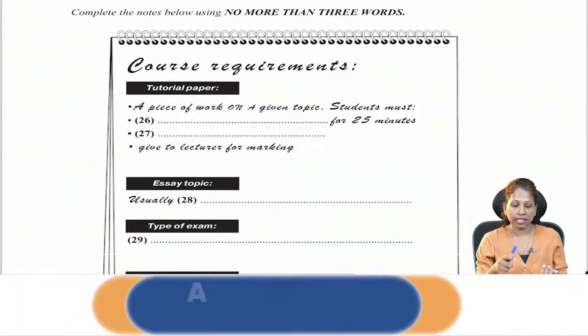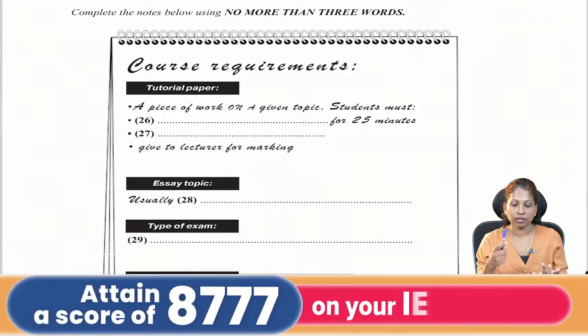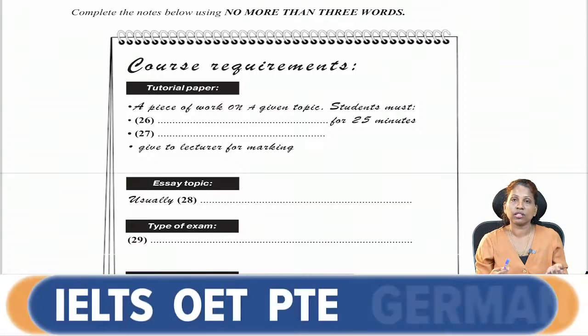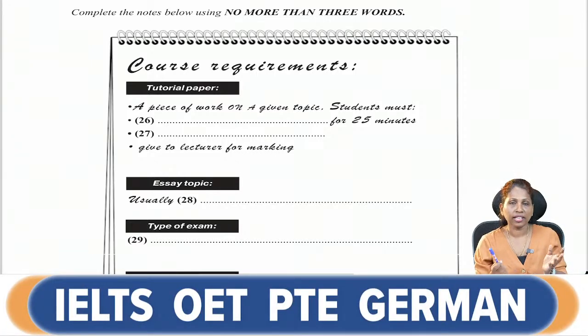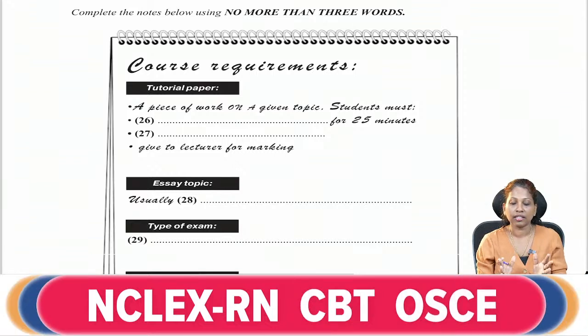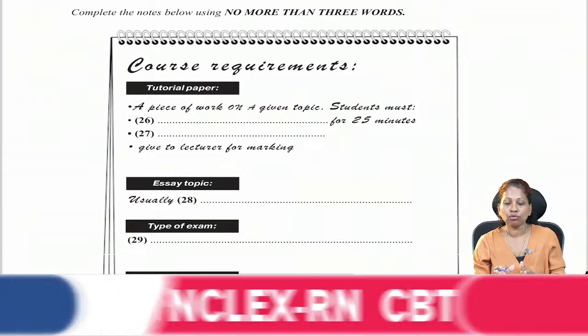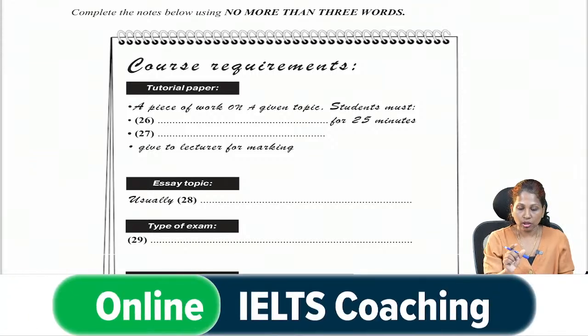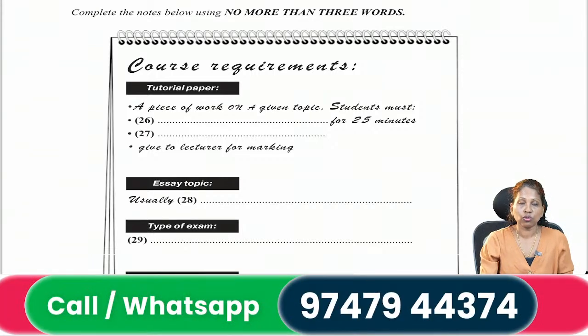So it can be regarding the time frame, maybe the lecturer, maybe the kind of subjects, or maybe what kind of notes, or whatever it can be, right? It is regarding an academic thing. That means you have to fulfill these requirements to go for that particular course. So after that, the things which are given to you, like the tutorial paper, essay topic, those are the subheadings.